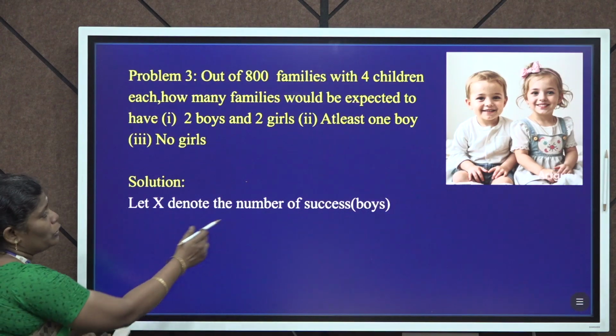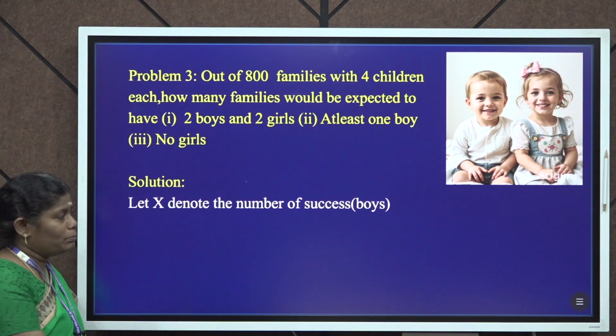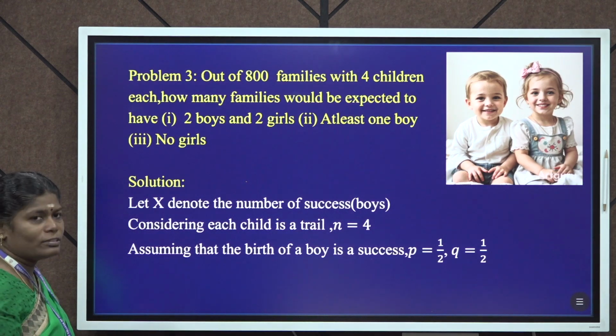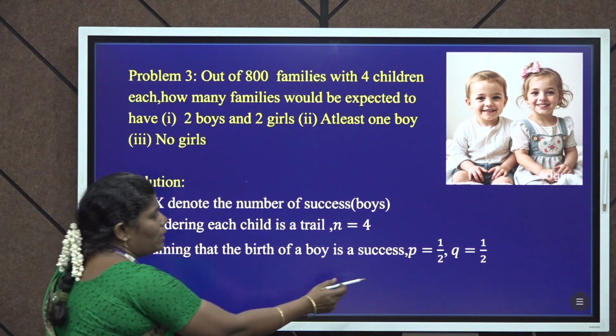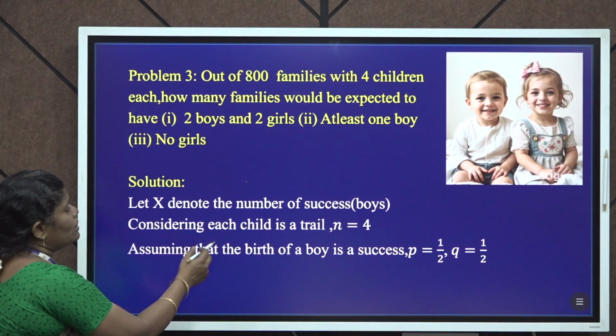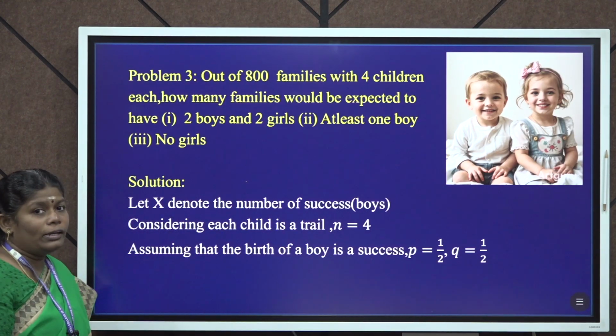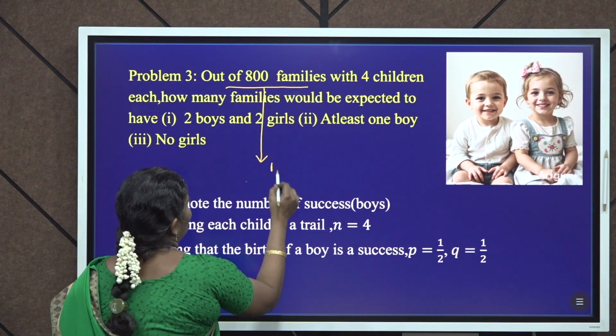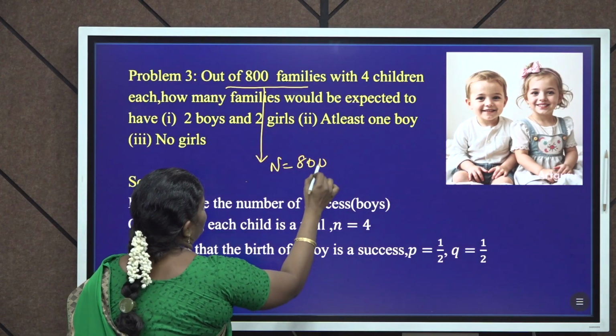Let capital X denote the number of successes, that means boys, assuming that the birth of a boy is a success. Therefore, p equal to 1/2, q equal to 1/2. Considering each child is a trial, n equal to 4, and out of 800 families, capital N equal to 800.